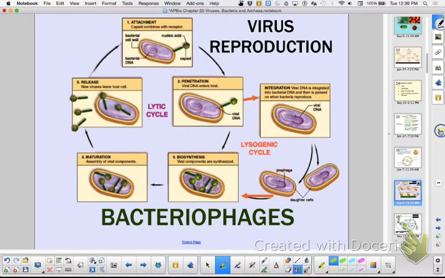Now, when they leave the lysogenic cycle, they may leave with a little bit of the host cell's chromosome and carry that with them to the next host they invade. What do you call that term where you carry viral nucleic acid from one host to another? Use a virus as a vector.